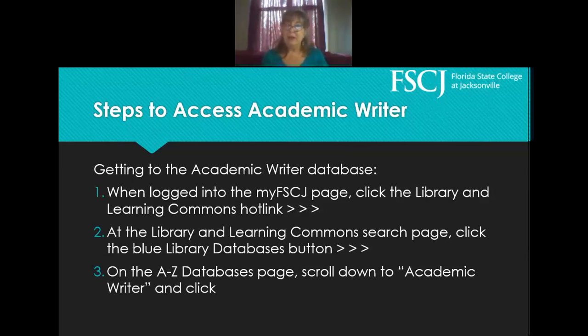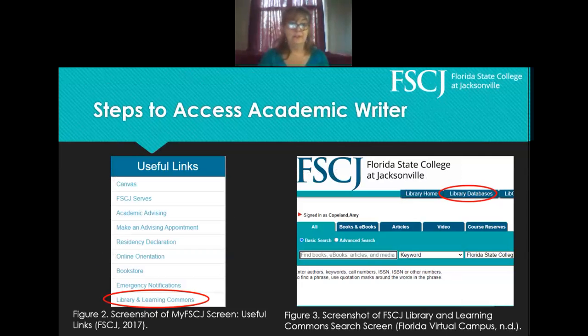When you go on that page, there's some hot links to the right. One of them is the Library and Learning Commons hot link, and you just click that. Then you'll be at the search page, where you need to click the blue Library Databases button. Once you're on the Library Databases A to Z page, you scroll down to the link that says Academic Writer and just click it. So here are the screenshots.